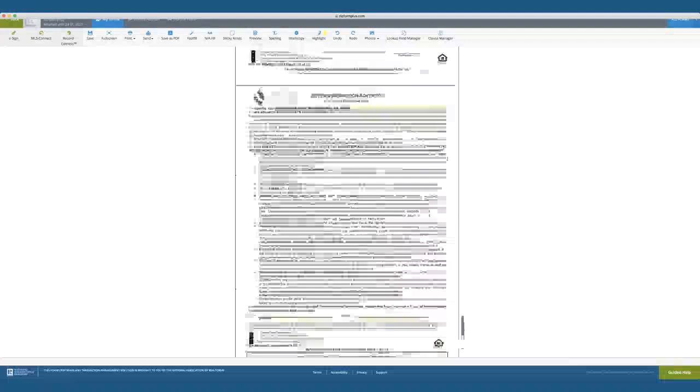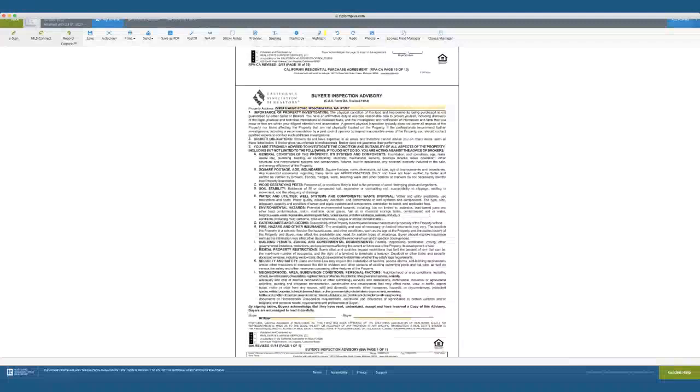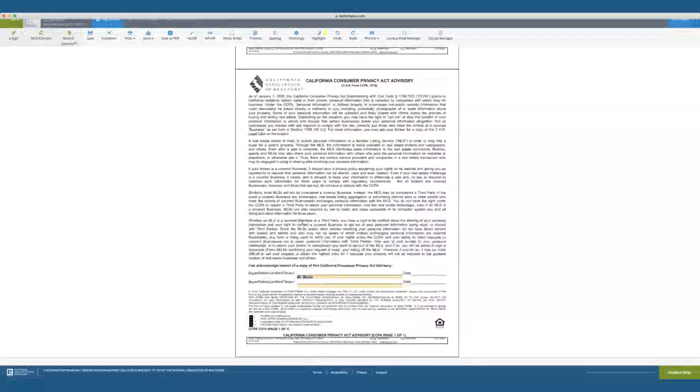So it also attaches the buyer inspection advisory. It really goes over that to be on the lookout for square footage and all this other stuff. And then the California Consumer Privacy Act. This has to do with what we do with collecting consumers' information.